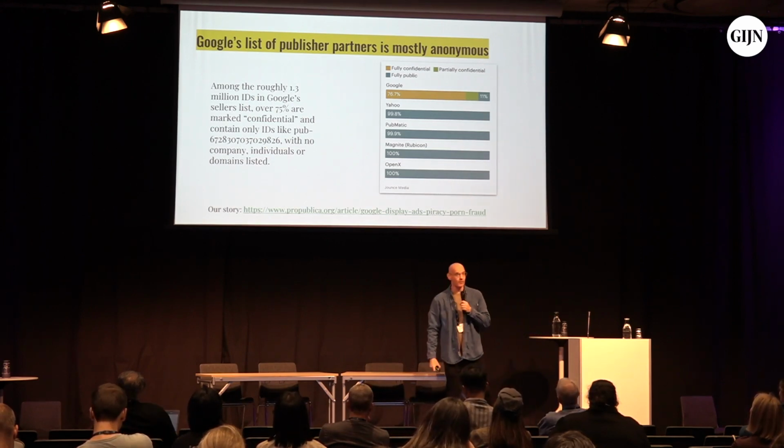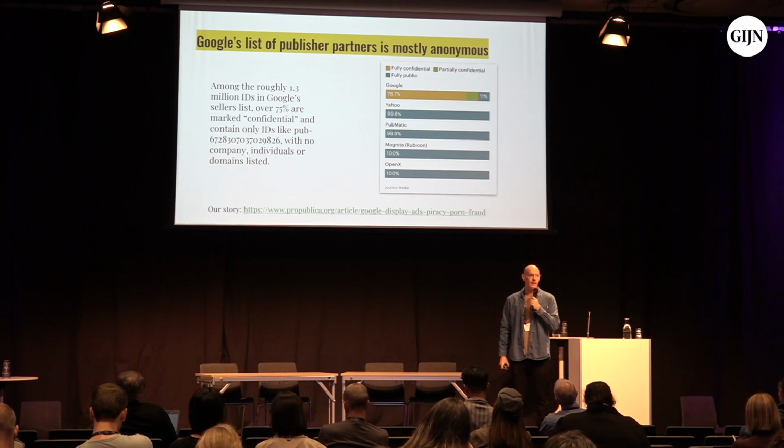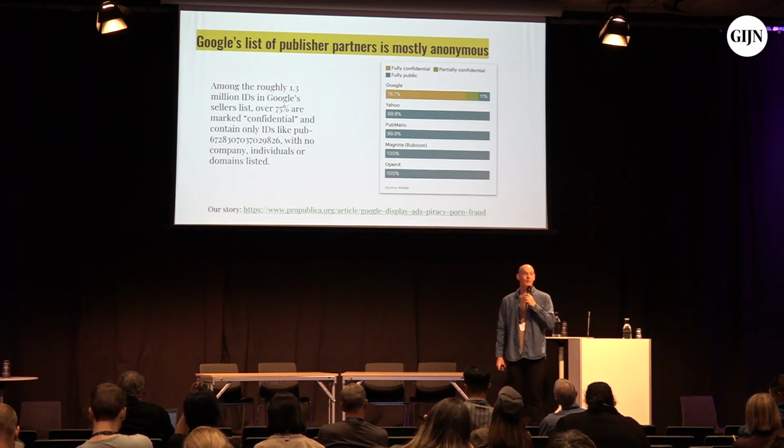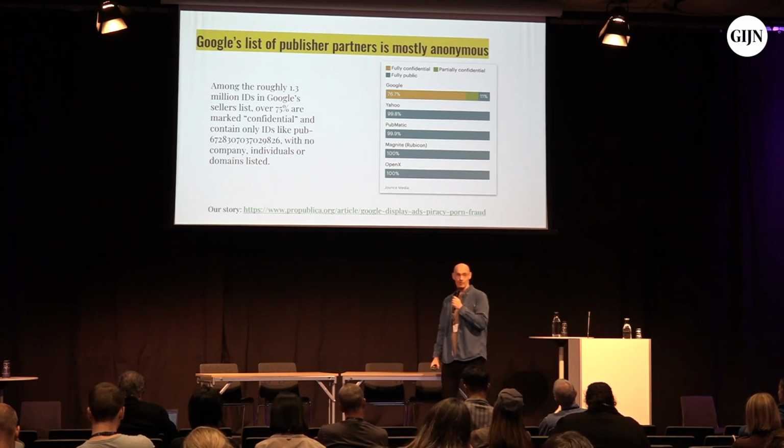And I can also tell you what we found in our investigation is that they don't validate this information at all. We found a guy in Italy working with piracy sites who had more than 20 different Google publisher IDs, and he had put fake names in almost all of them, including famous Italian poets and other people.